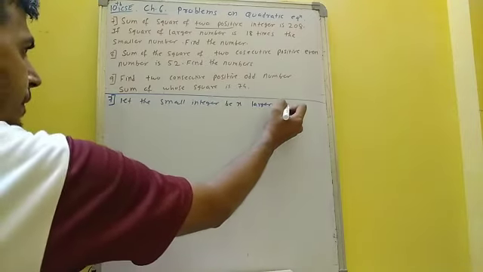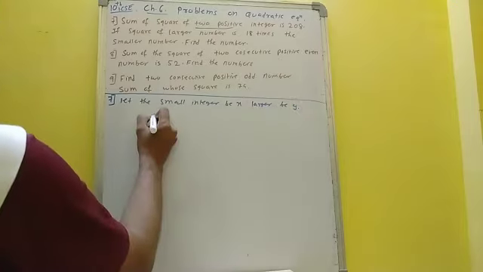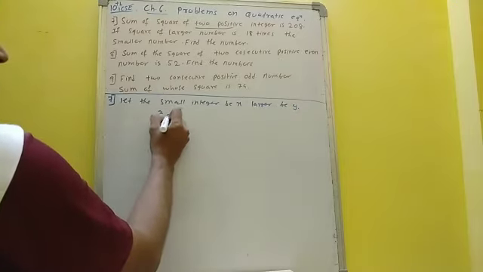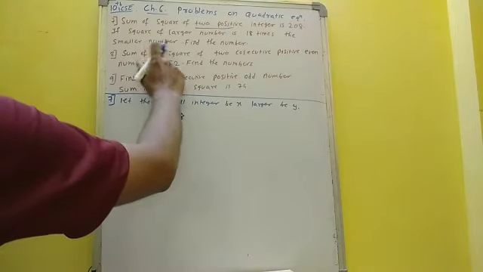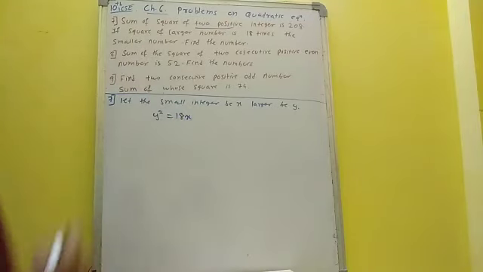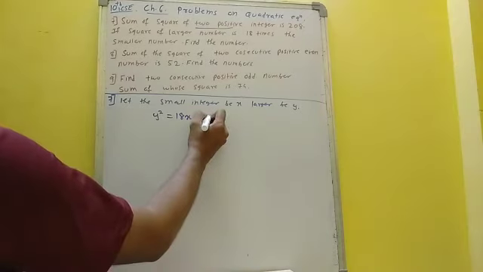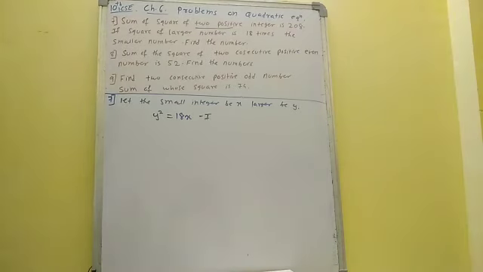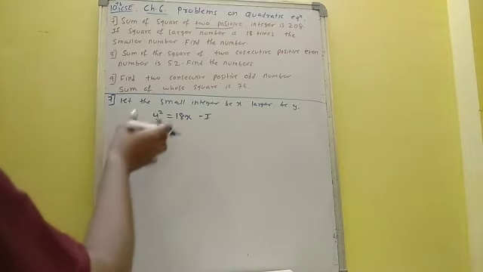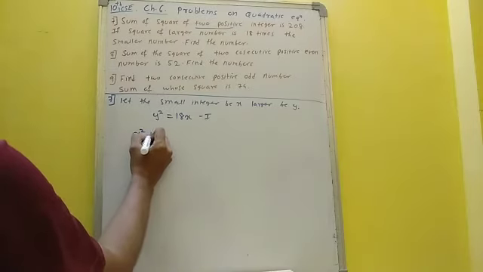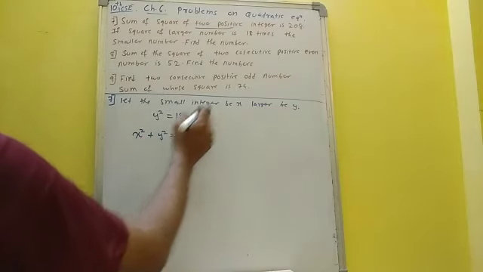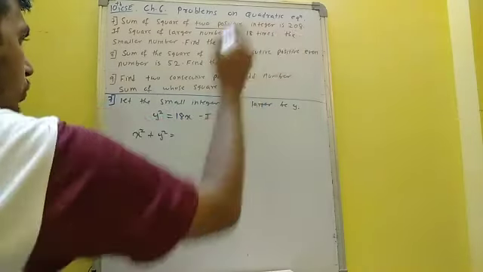The square of the larger number, that means y square, is 18 times the smaller number. This is some information which is given. But we are dealing with a quadratic equation where we have only one variable. Let's see what we can do. Sum of the squares, so x square plus y square is 208.